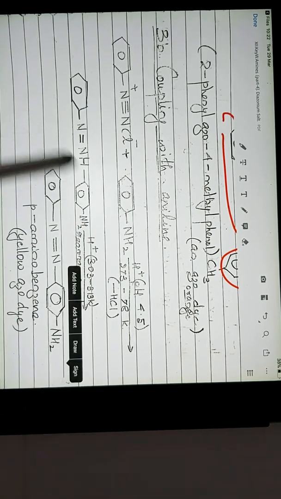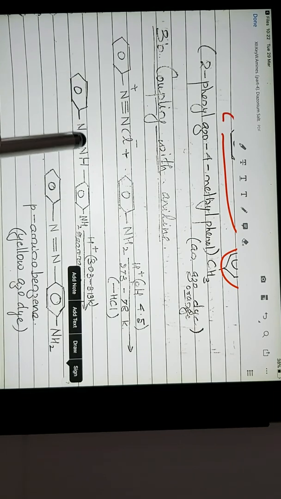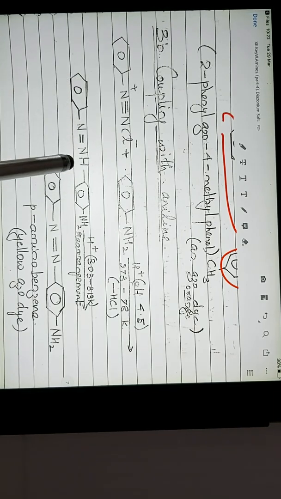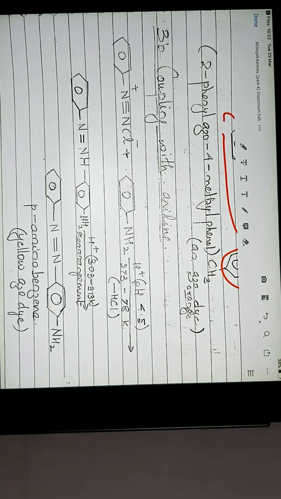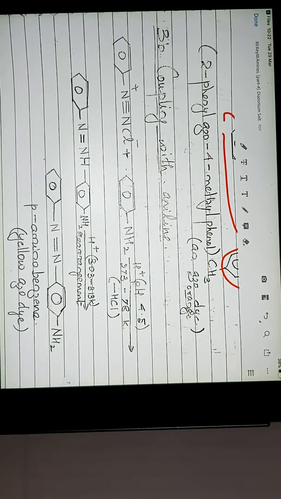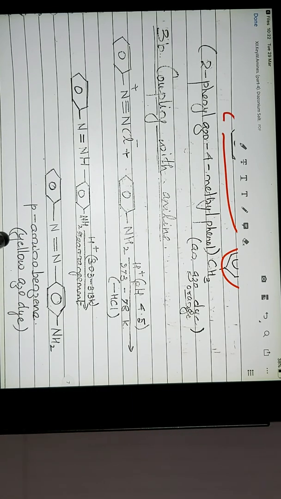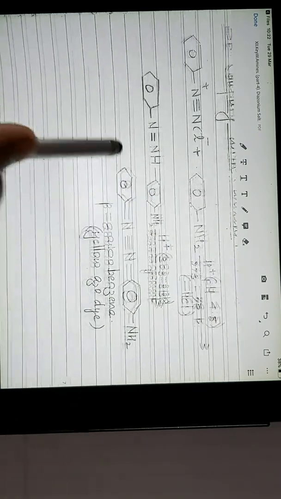The NH2 is getting attached like this, and after rearrangement we finally get para-aminoazobenzene. This is also an azo dye and it has a characteristic yellow color. So that's about aniline reacting with the diazonium salt.